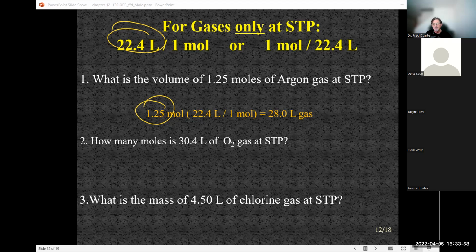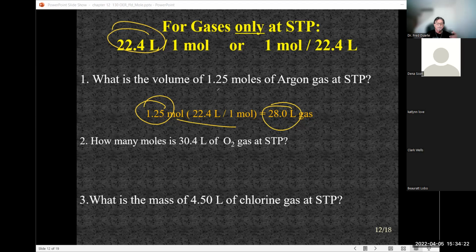So my answer should be a little bit greater than 22.4, and that number of 28.0 is consistent with the mathematics that we did here. That's what I'm talking about when I say, does the answer make sense? Check your answer based on the mathematical function that you did.